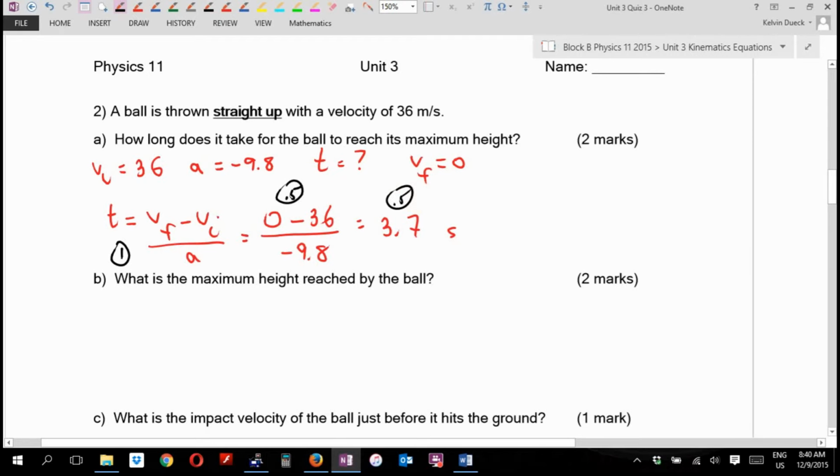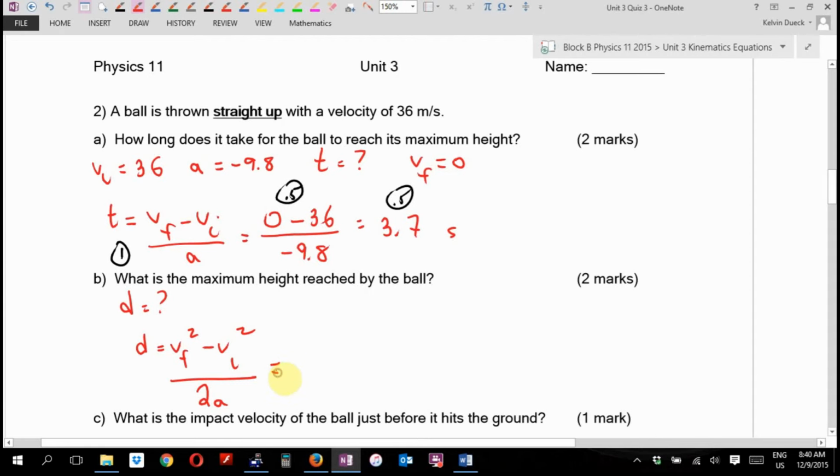Maximum height. Are we still at the top? Then I'm not going to bother relisting my data. I have it all in part A. I'm just going to go D equals question mark, and I could use the time and go D equals VIT plus a half AT squared, but I'm a good test writer. I'm going to hedge my bets. I think I'm going to use D equals VF squared minus VI squared all over 2A, because that's what they gave me in terms of data.